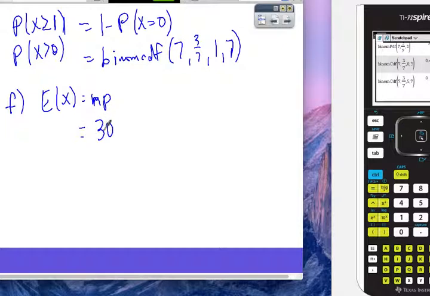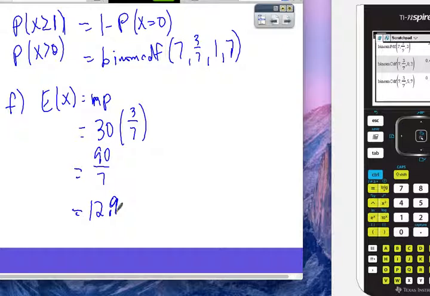He's playing 30 games. Probability of success of winning each game is 3/7. So this is 90 over 7, which becomes 12.9. And with expected value, remember, it doesn't have to be observed. So 12.9 games would be a fine answer in this case.